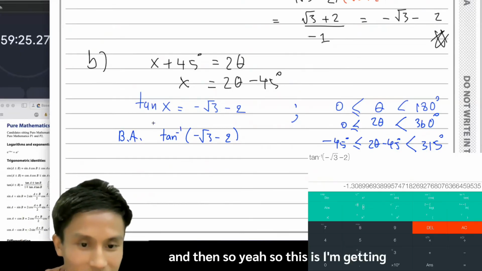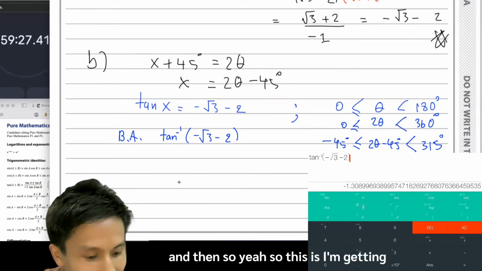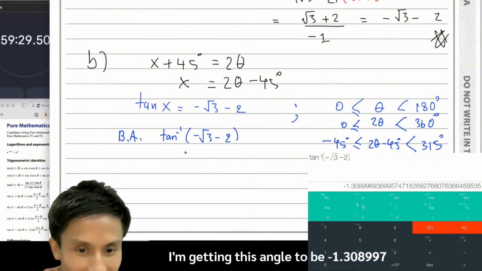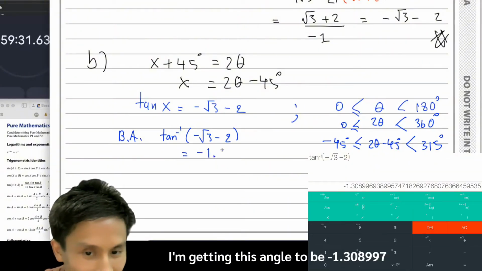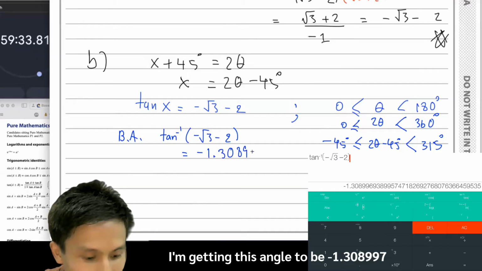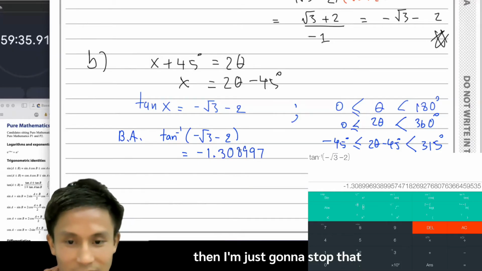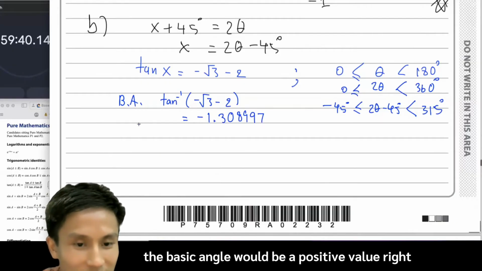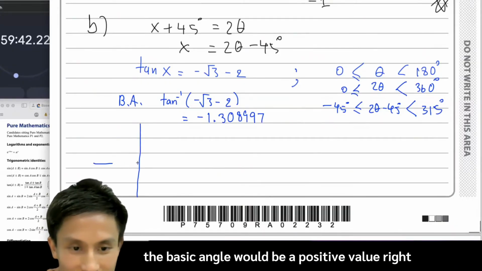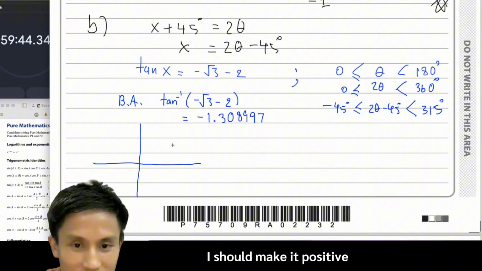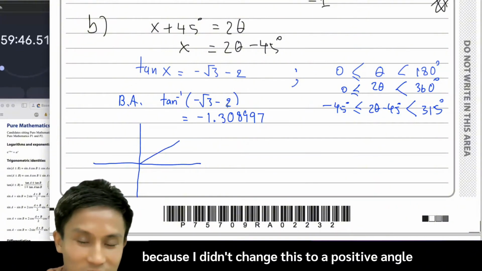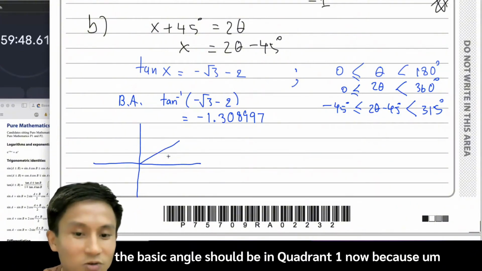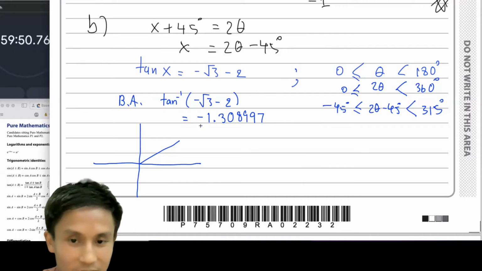And so I'm getting this angle to be minus 1.308997. I'm just going to stop there. But this is not basic. The basic angle would be a positive value, right? So whenever I get a negative, I should make it positive. The basic angle should be in quadrant 1.